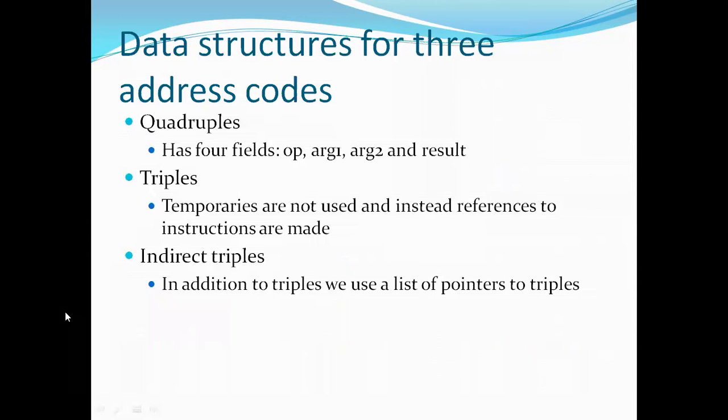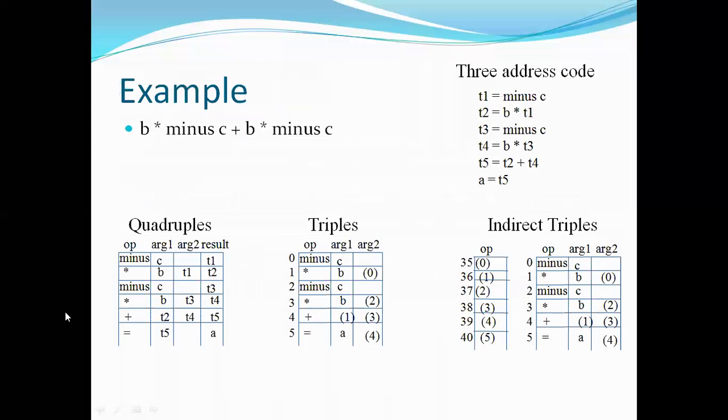We avoid the usage of temporary variables by referring to pointers in the symbol table. See the table here, consisting of 3 fields.